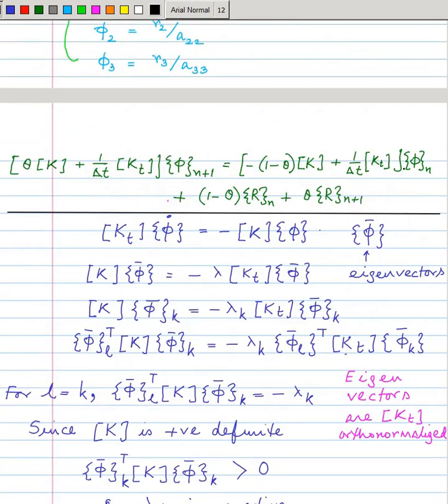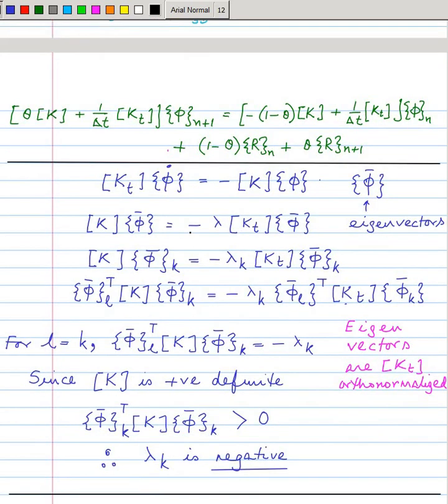So we start with this, and we calculate the eigenvectors of the initial equation, the homogeneous equation. So this is the initial equation, and we find out the eigenvectors of it.